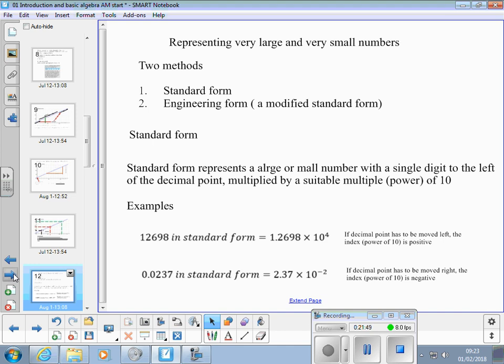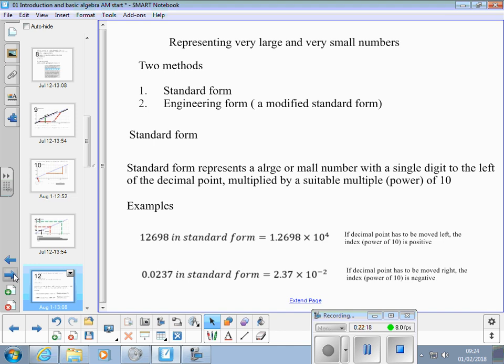One is standard form, the scientific way, with one number, then the decimal point, and a power of 10. And the engineering form, a modified version where the power of 10 is always a multiple of 3. Then we get our millis, micros, nanos, picos going down, and our kilo, mega, giga going up.